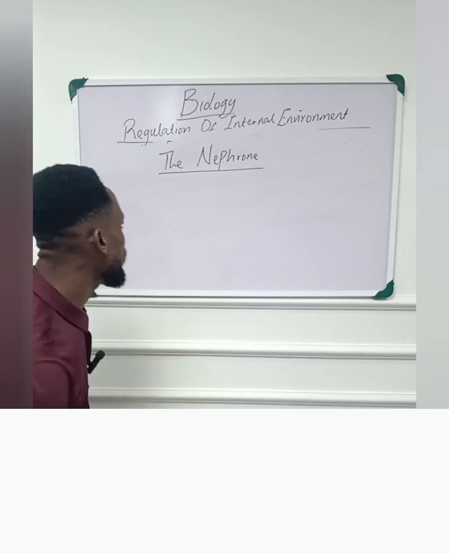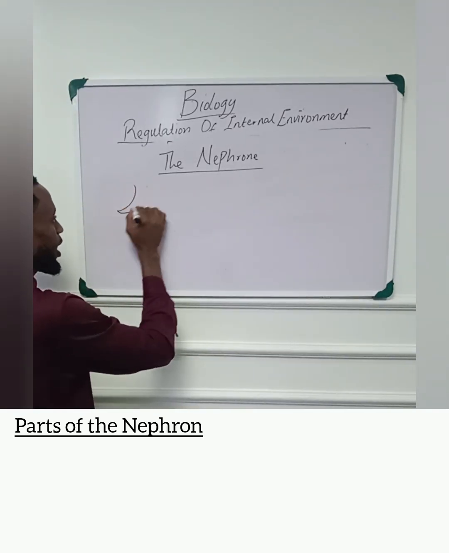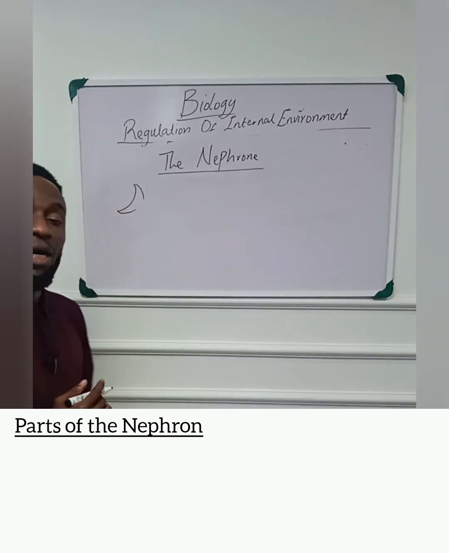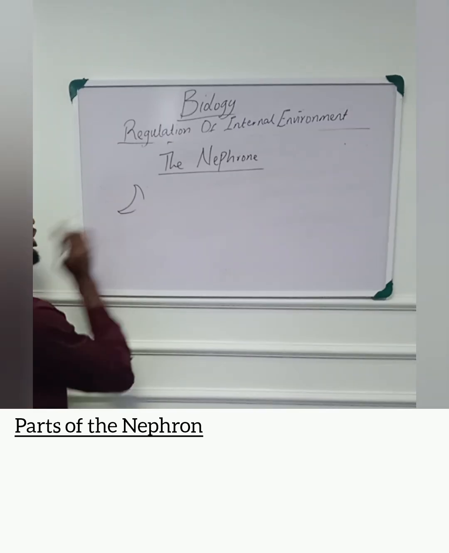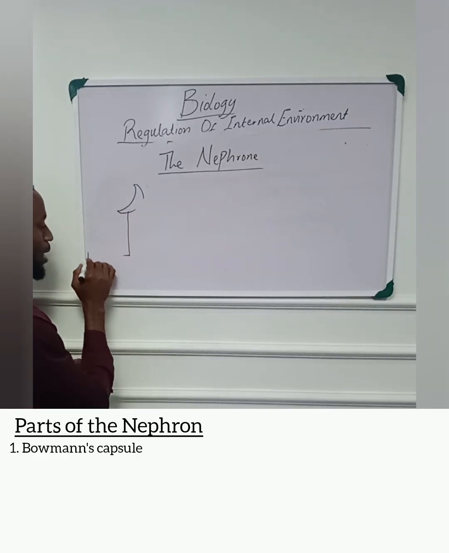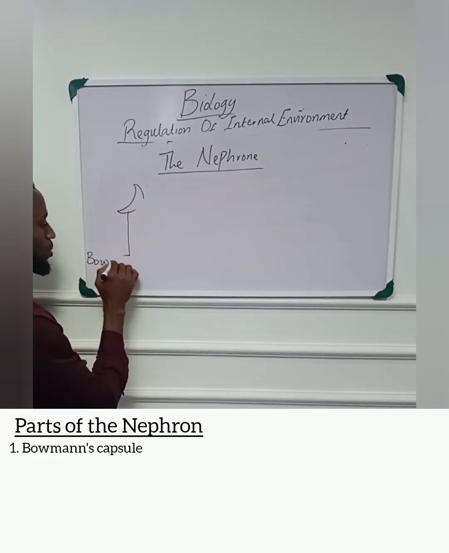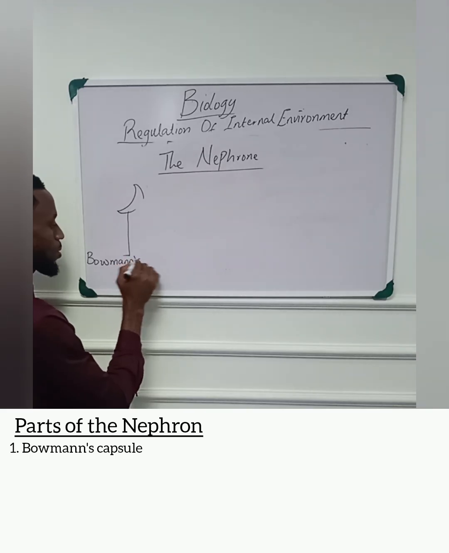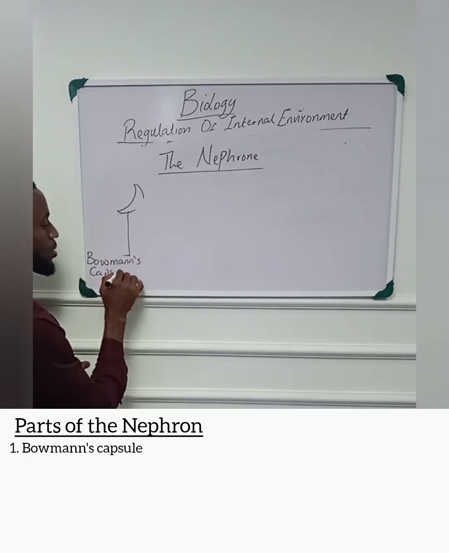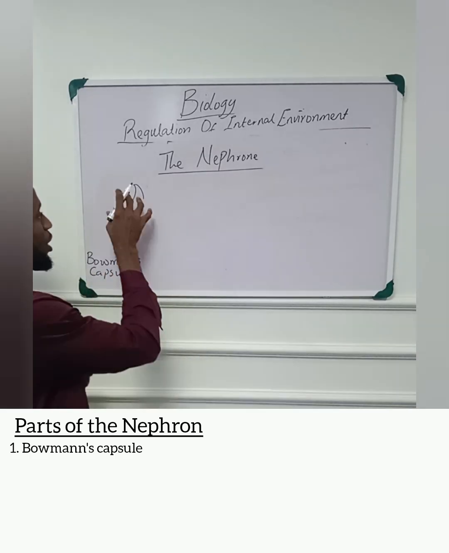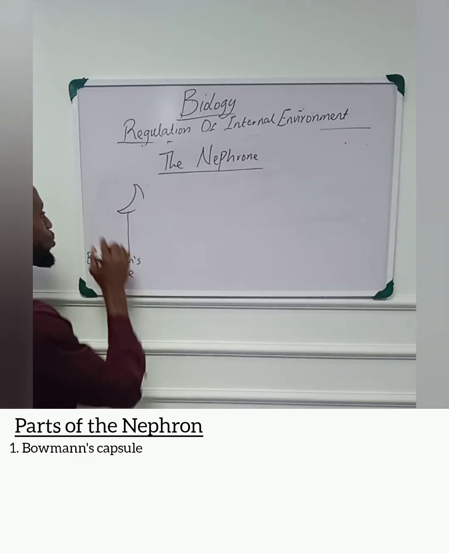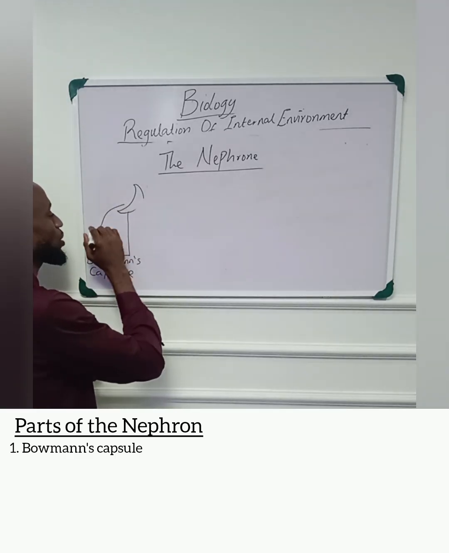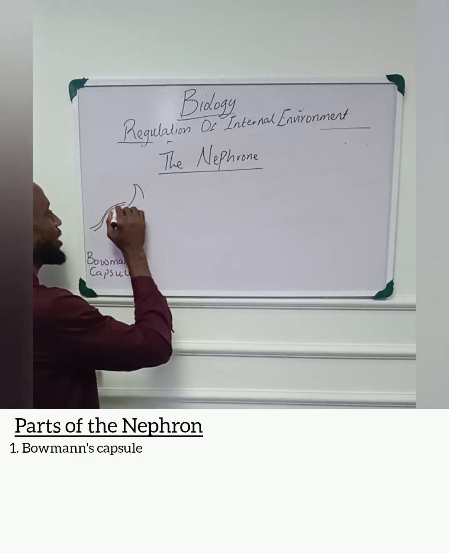Alright, so the nephron looks like this. First, there is a cup-like mouth, which is called the Bowman's capsule. And in this Bowman's capsule, we have tiny blood vessels, capillaries coming in here.